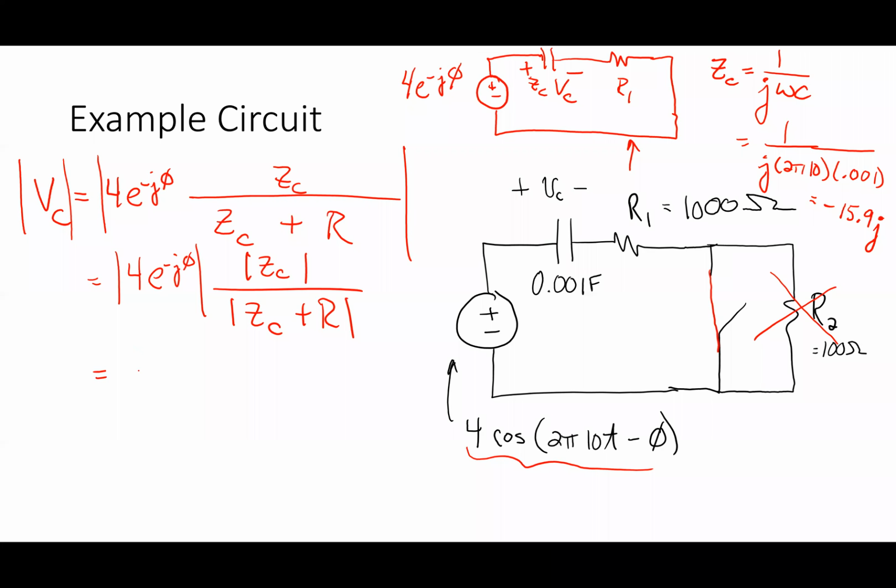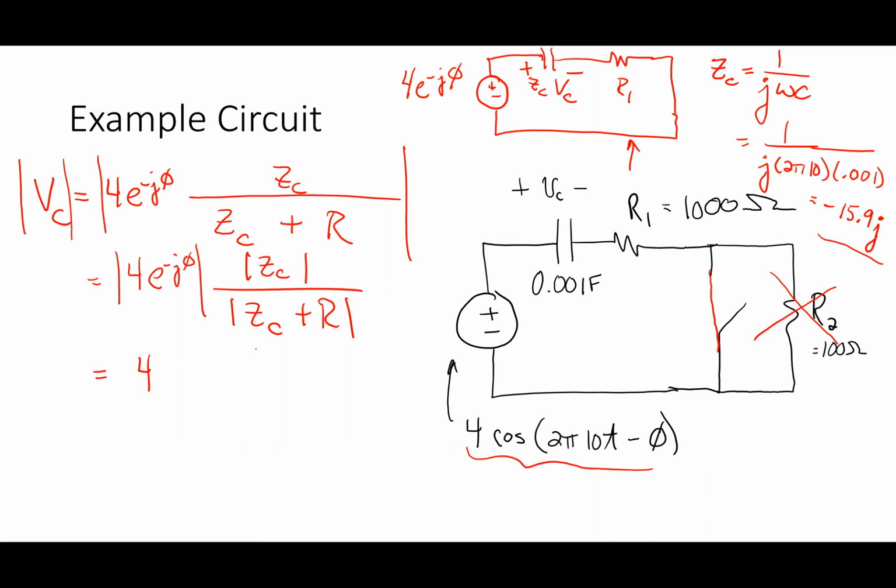If I start plugging in, what's the magnitude of 4e to the negative j phi? 4. What's the magnitude of Z sub C? You just told us: negative 15.9 j. What's the magnitude of that? Not negative. Negative is an angle. What's the angle of -1? 180 degrees.